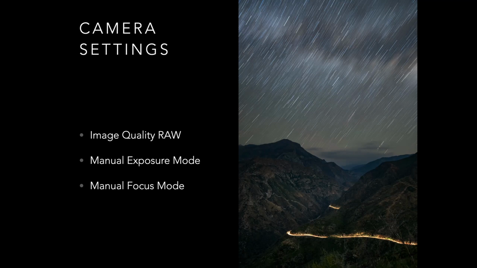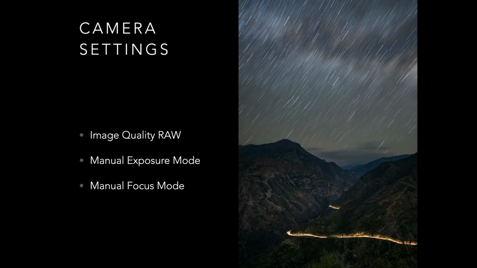But in night photography, we are really pushing our cameras to their limits, and with JPEG things are just going to get too crunchy. You want to be shooting raw, so as we're pushing the envelope of what the camera can do, we're not losing information. When we capture in RAW, we have all the information that the camera is able to capture that we can work with in post-production later.